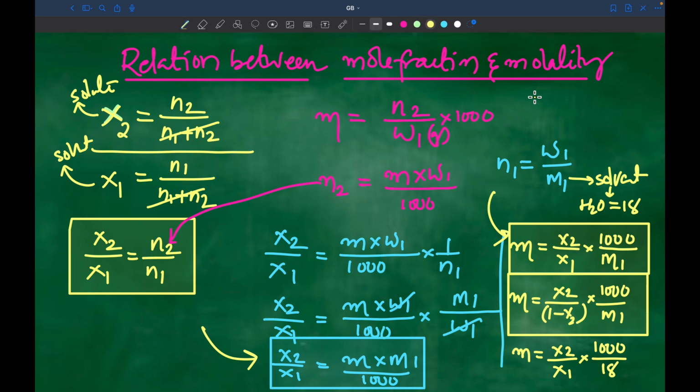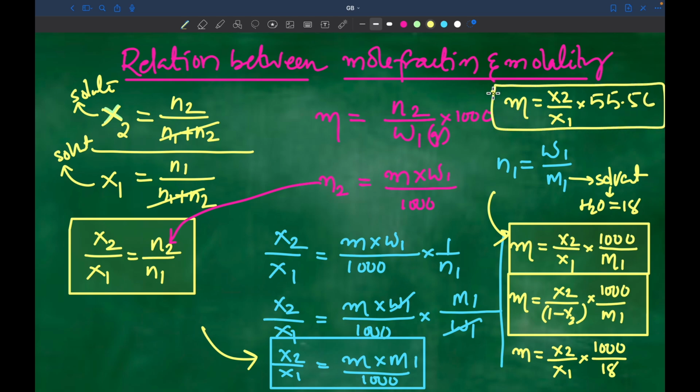Molality equals x2 by x1 times 55.56 is the formula. This is applicable for aqueous solutions, where water is the solvent.